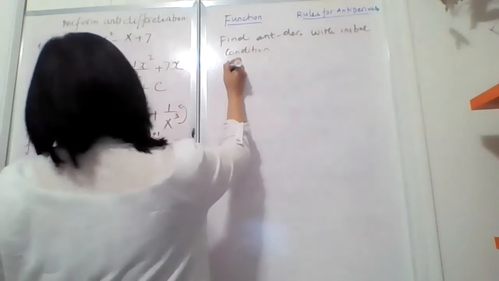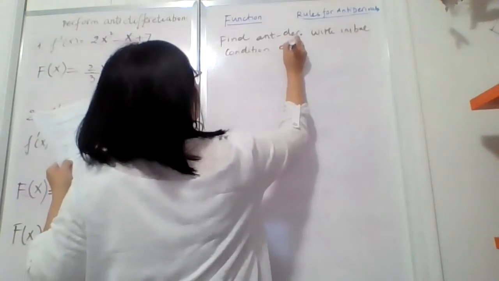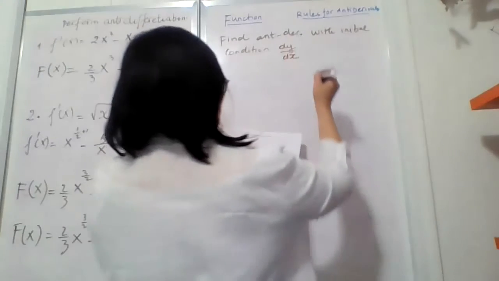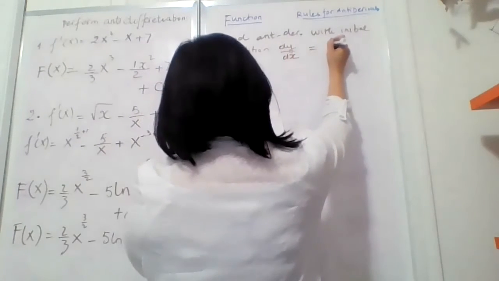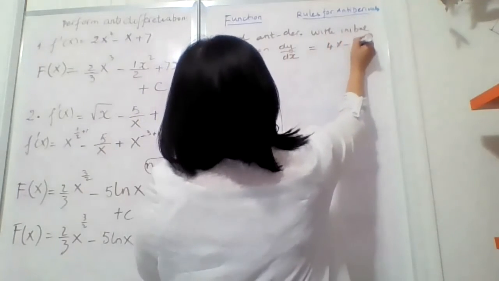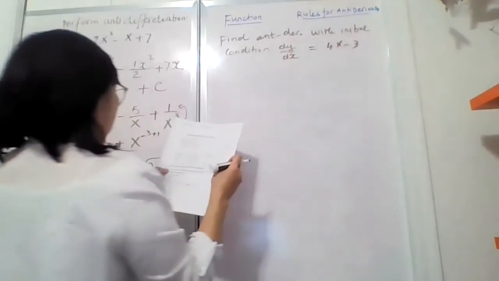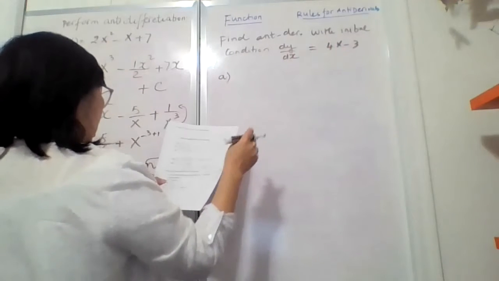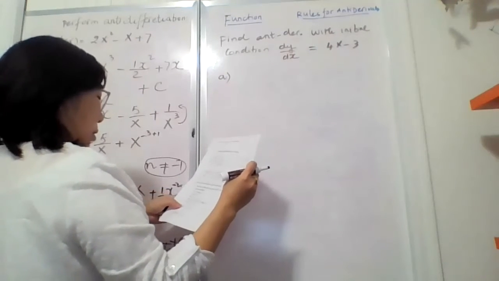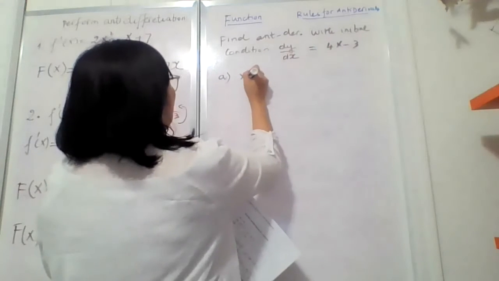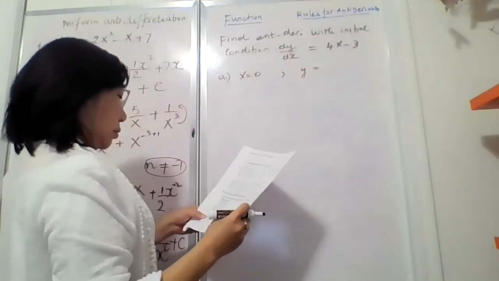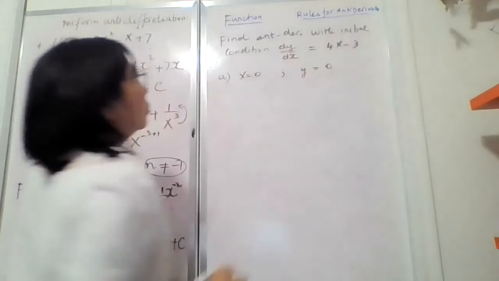So we have a function dy over dx, which is the derivative, right? And that derivative is 4x minus 3. And the condition is x equals 0, and they given us y equals 0.